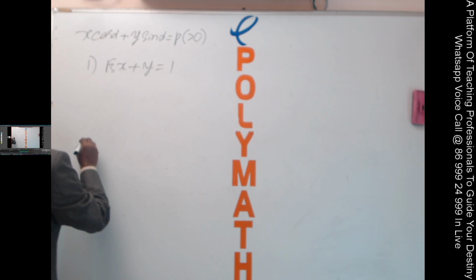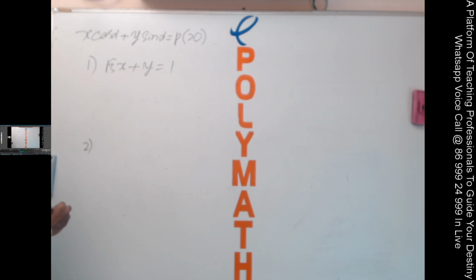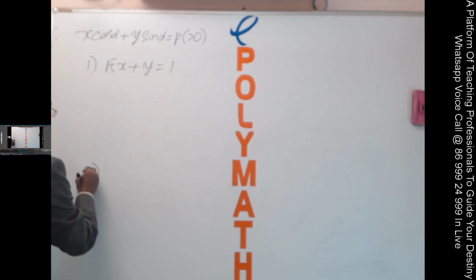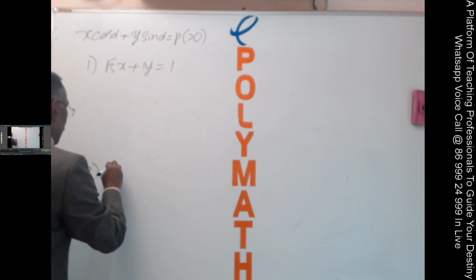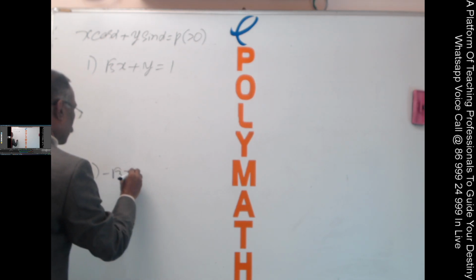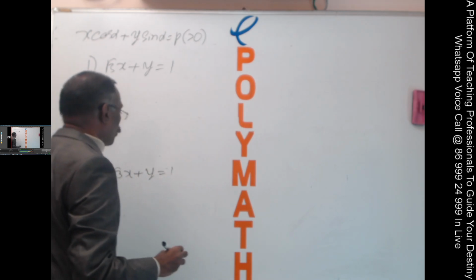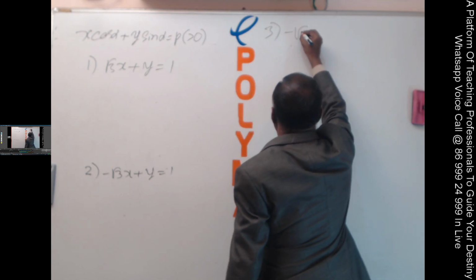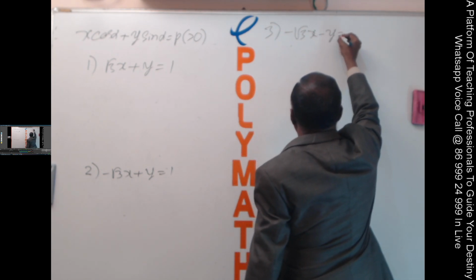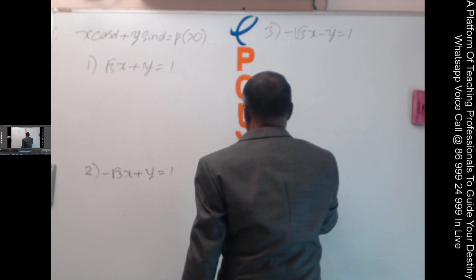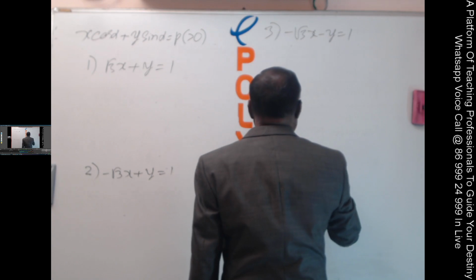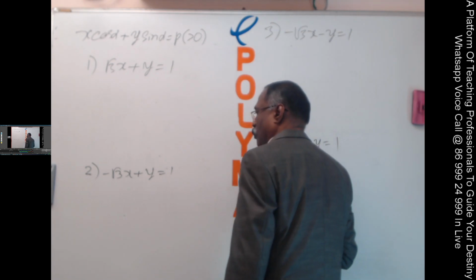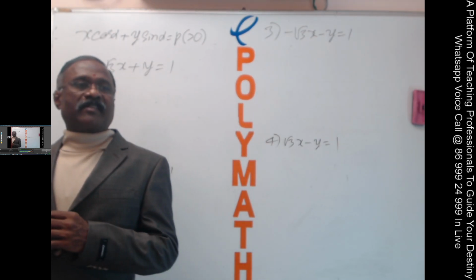Another line I am taking, minus root 3x plus y is equal to 1. Third line I am taking, minus root 3x minus y is equal to 1. Fourth line, root 3x minus y is equal to 1. 4 lines I have taken.